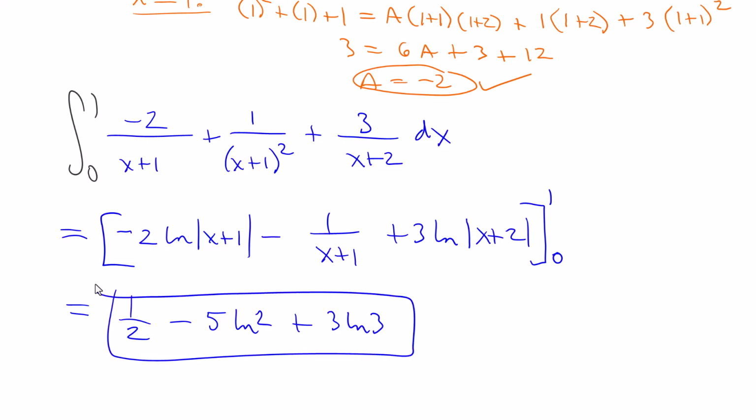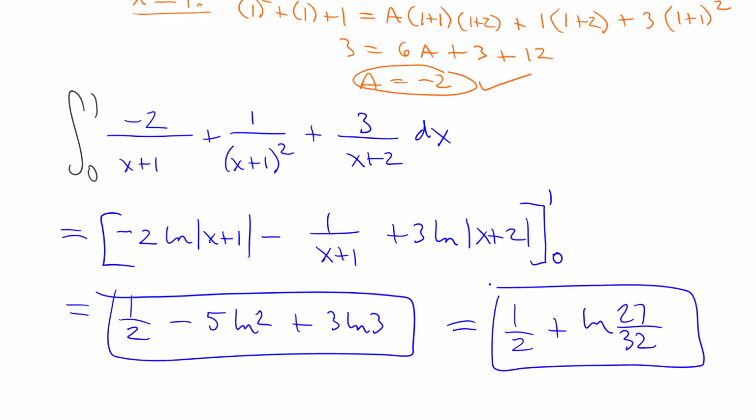And again, we get a value without the c because it's a definite integral. Or you could say another form, if you want to simplify that even further, that's the same thing as 1/2 plus the natural log of 27 over 32. Another valid answer, just doing a little bit more simplification there. But ultimately, either answer is okay.